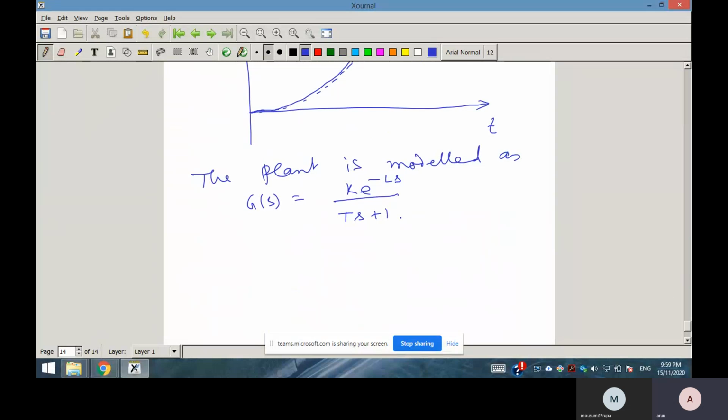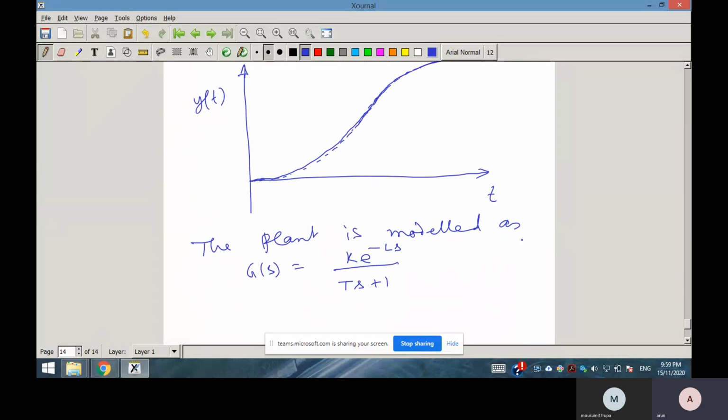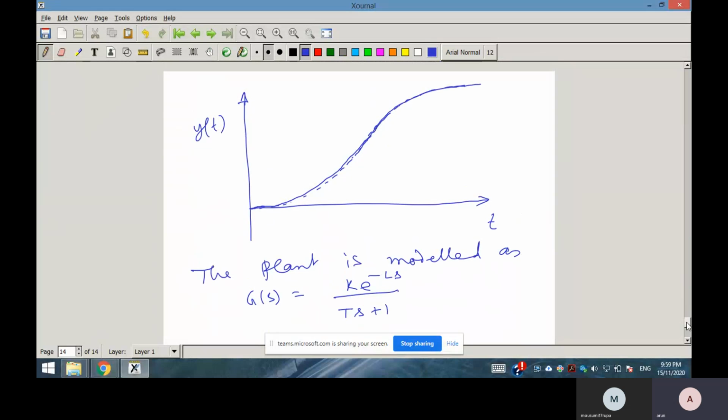divided by Ts plus 1. So from the given S-shape characteristics, how are K, L and T identified? We draw a tangent at the point of inflection, where this characteristic is almost flat.